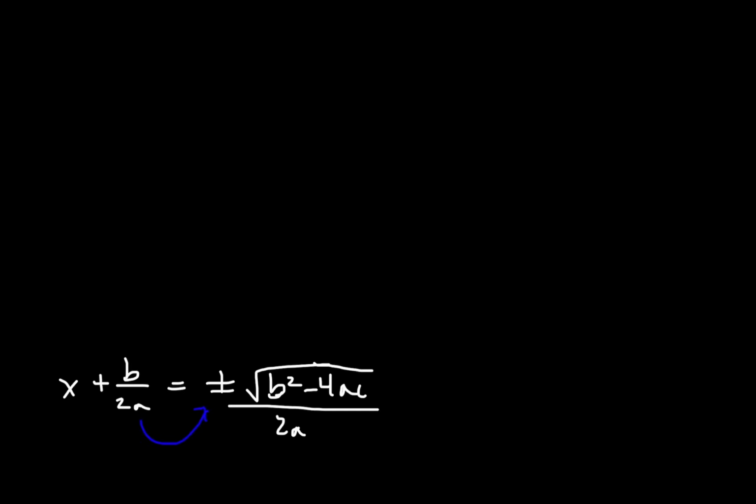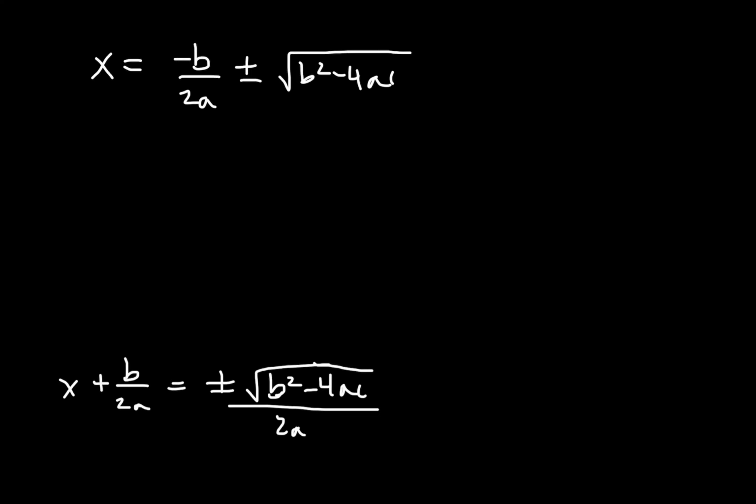Now I'm going to move this to the other side. So we have x is equal to negative b over 2a plus or minus the square root of b squared minus 4ac over 2a. Notice that the denominators are the same, so I can simply combine them.